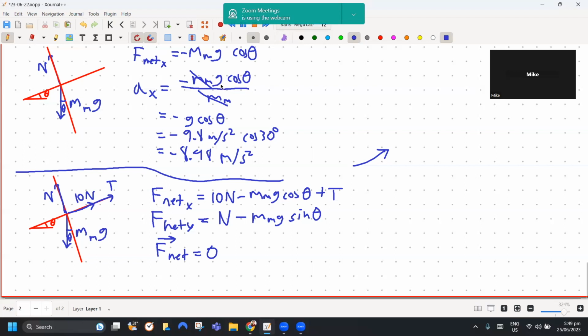Therefore, teka, gawa kang separate equation kasi vector equation yan. What we're looking for is an equation involving components lang. So F net x is 0. So ano yung conclusion natin? From new page.